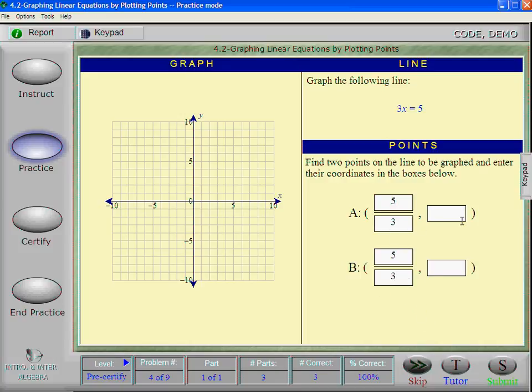For both points, the x values are 1.67, and the y values could be anything. That could be 3, that could be 9. Once you plot those points, you see 1.67, 9 and 1.67, 3, connected, make a vertical line.